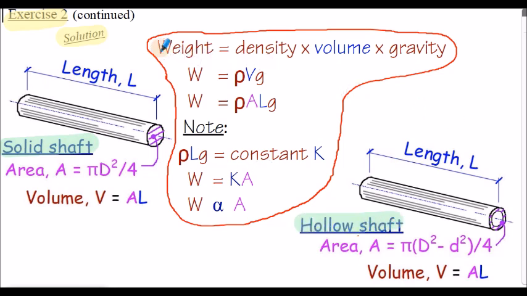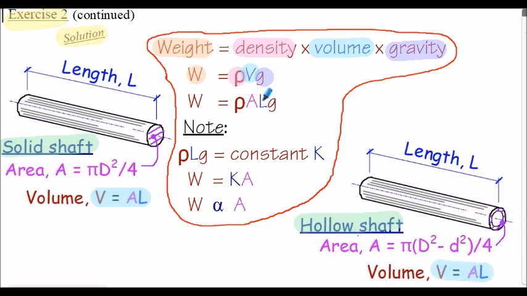The weight of the shaft is the material's mass density multiplied by the volume of the shaft multiplied by gravitational acceleration. In symbol form, that's W is equal to rho, Greek symbol, multiplied by the volume V multiplied by gravitational acceleration g. However, we notice that the volume of the respective shaft is the cross-sectional area multiplied by the length of the shaft.